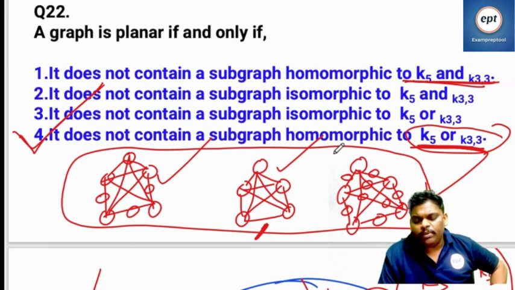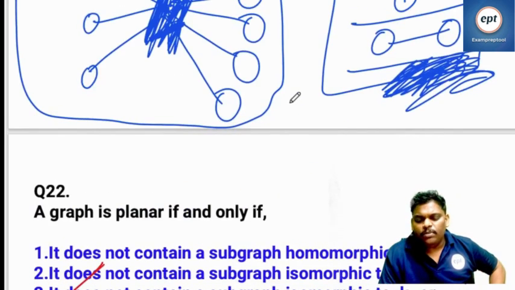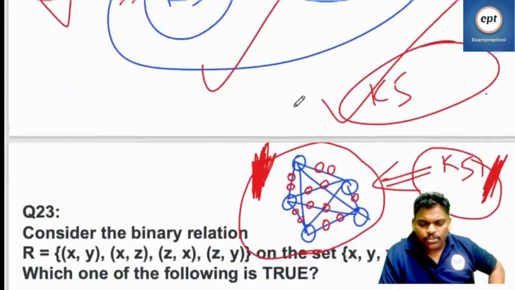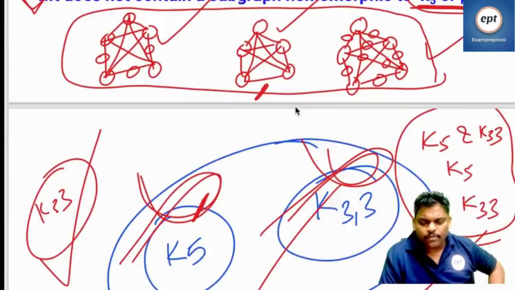You need not waste that much time. Even with very few marks you can get a good GATE rank. Because that problem is troublesome, tomorrow we will solve it again. Until now, I have covered 22 problems.